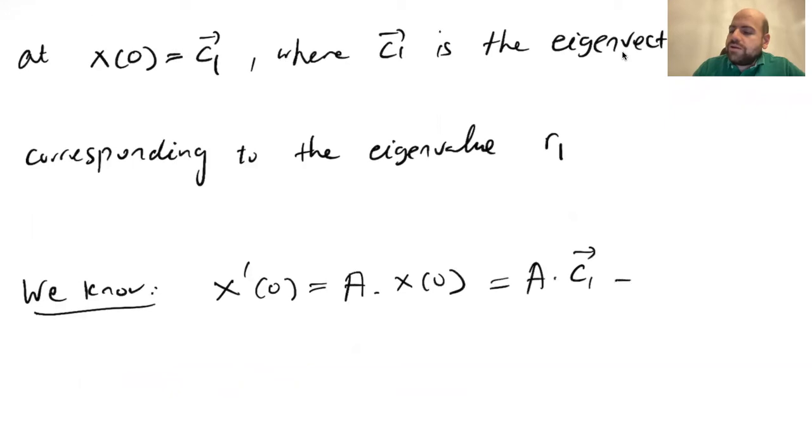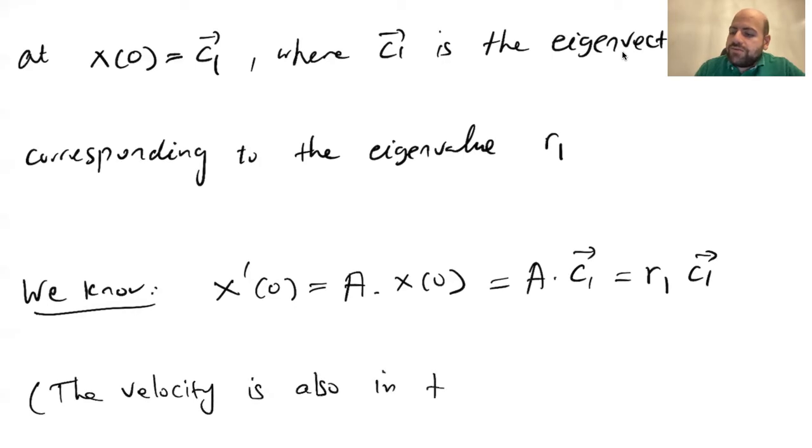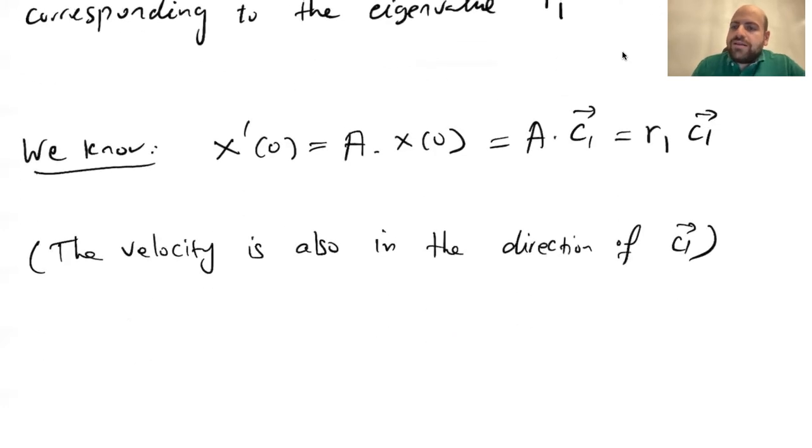So I can write this as R1 times C1. So that means the velocity is also in the direction of C1. So initially the particle is in the direction of C1, and the velocity is also in the direction of C1. So that means the particle remains in the same direction.